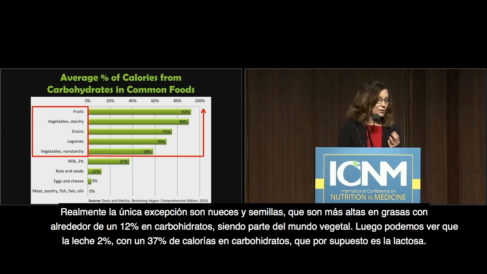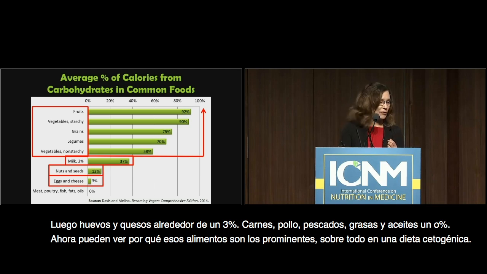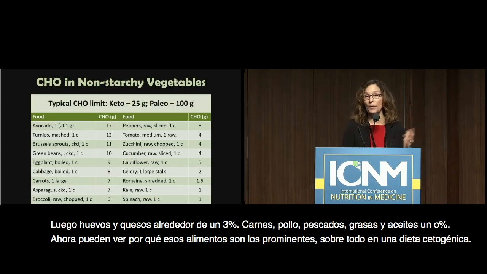The only exception really is nuts and seeds, which are of course higher in fat at about 12% carbohydrates within the plant kingdom. And then you can see 2% milk at about 37% of calories from carbohydrates, which of course is lactose. And then eggs and cheese about 3, and meat, poultry, fish, fats, and oils 0.